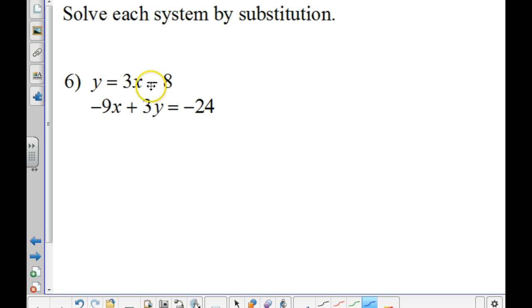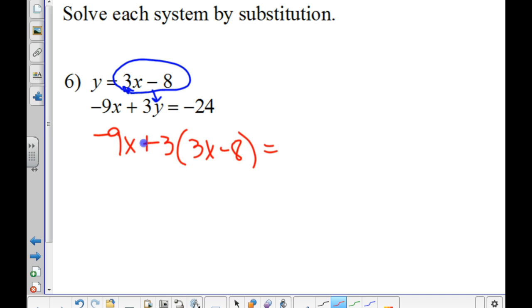All right, I'm not sure why there's one more, except that maybe we get a weird answer here. -9. Oh. I'm going to get a weird answer because I'm putting it in for the x and not the y. -9x plus 3 times 3x minus 8 equals -24.